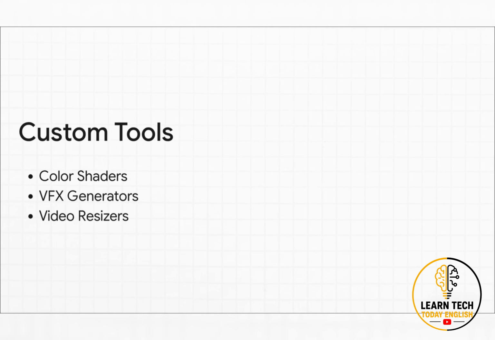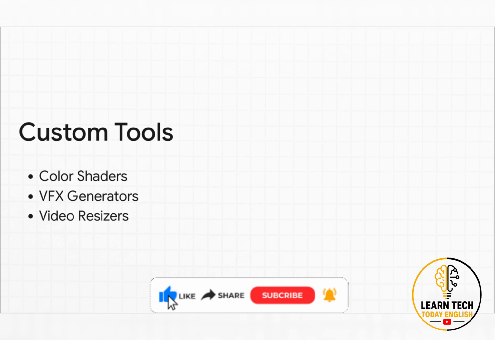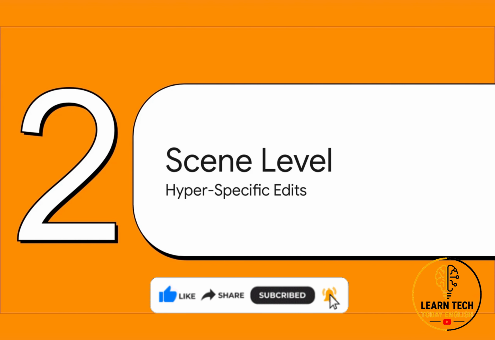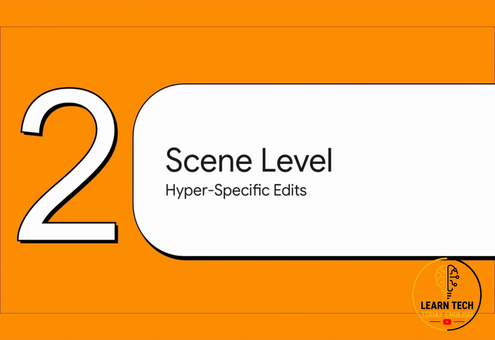You can also build dedicated visual effects generators that are tailored entirely to your project's unique needs. Oh, and for creators juggling multiple platforms, you can instantly build custom video resizers. That's a bespoke framing tool that'll automatically reframe and resize your landscape YouTube videos straight into vertical shorts. How cool is that?